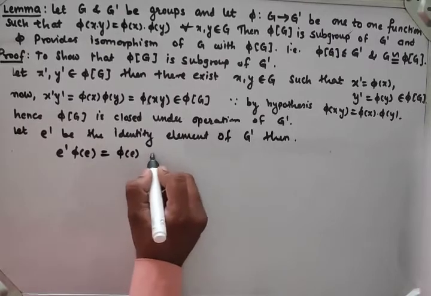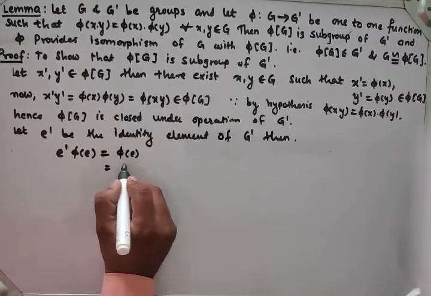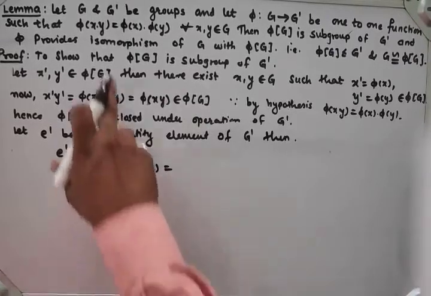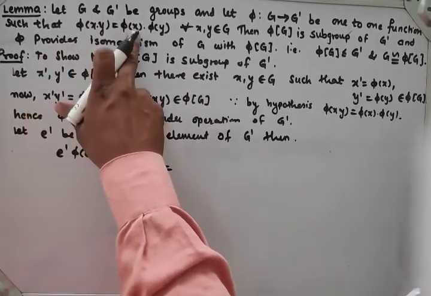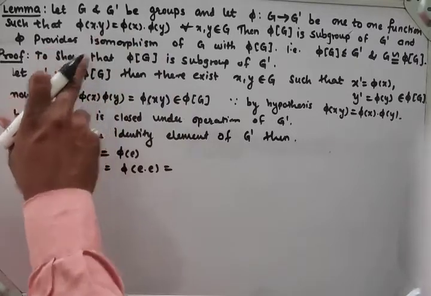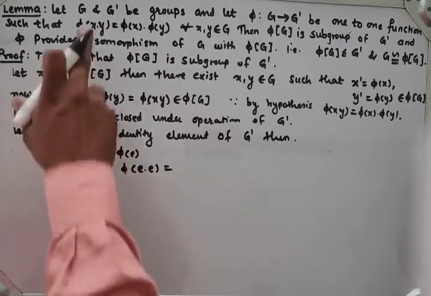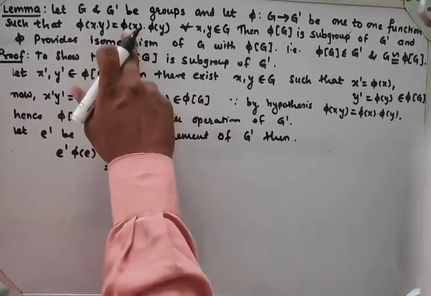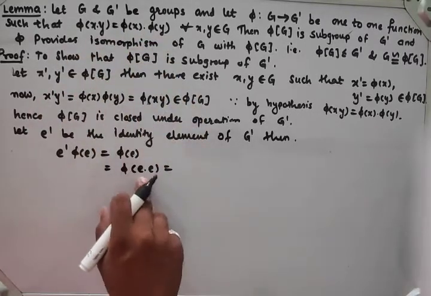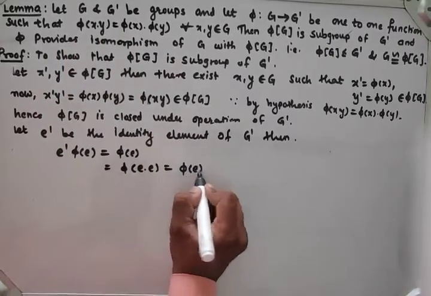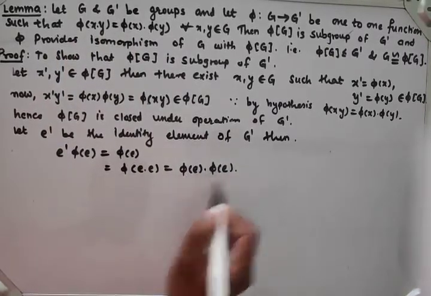So E is identity, so this can be written as phi of E into E. And we have phi of x into y is equal to phi of x into phi of y, so I replace this E by x and this E by y, and we get phi of x and phi of y, right? So by using this homomorphism condition we get phi of E into phi of E, right?